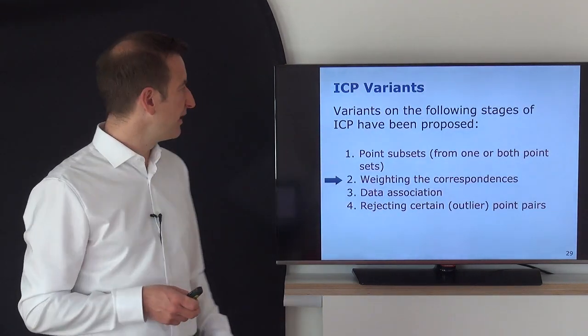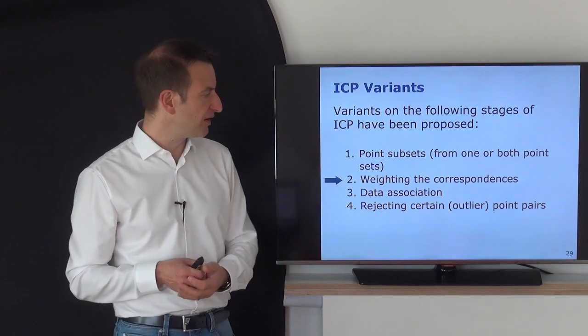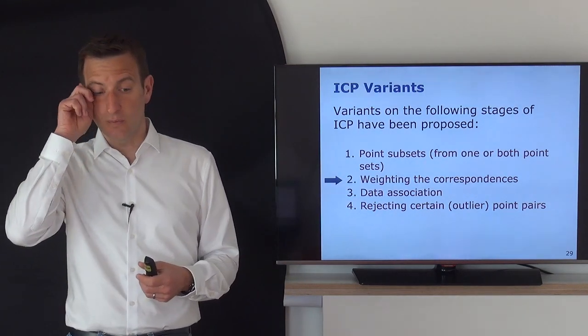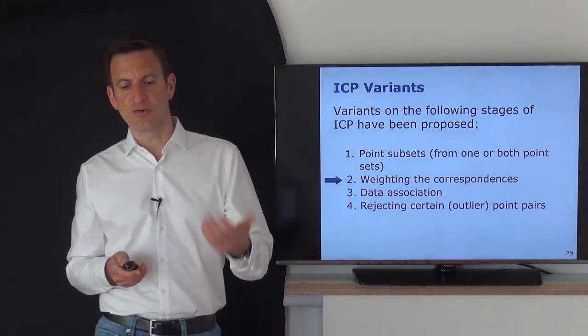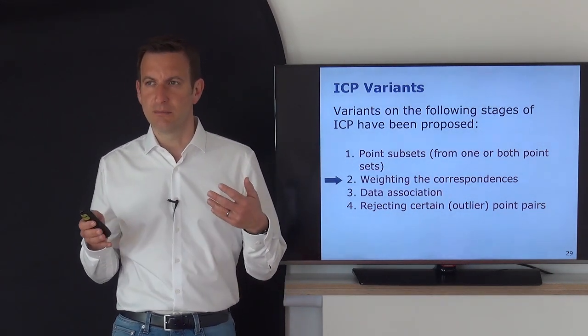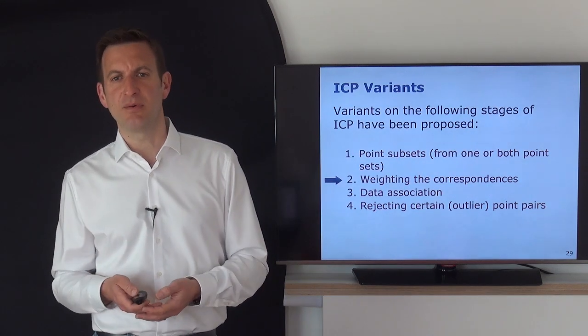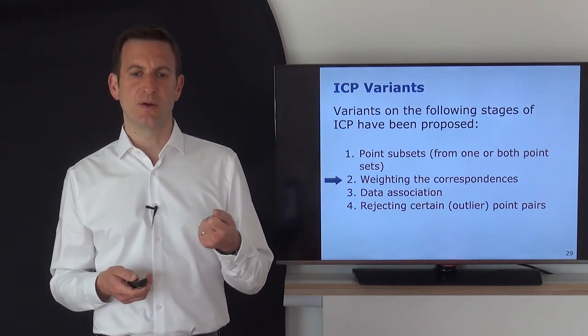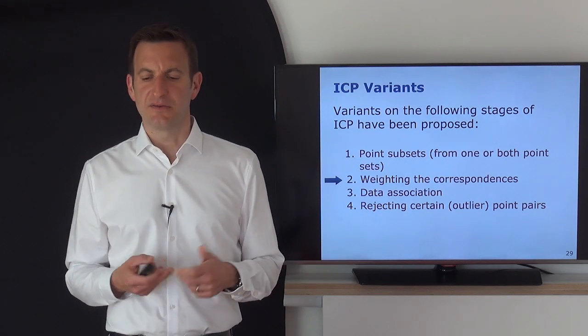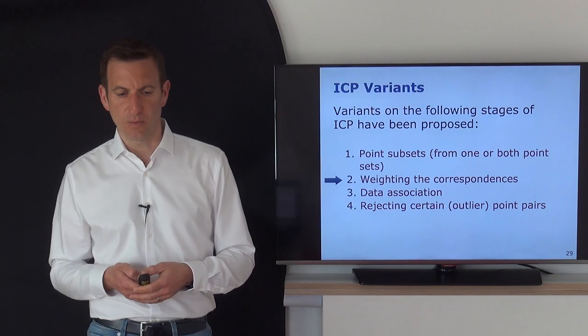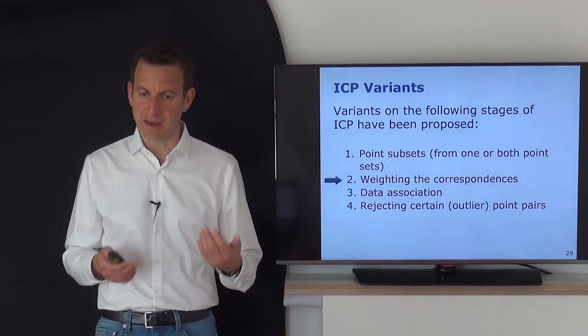Okay, the second thing I want to look into for the ICP variants is weighting of correspondences. So what we may want to do is give a higher weight to correspondences where we know we have more information about the points. For example, for points where we can estimate their 3D location more accurately. This can, for example, be the case when you have a stereo camera.